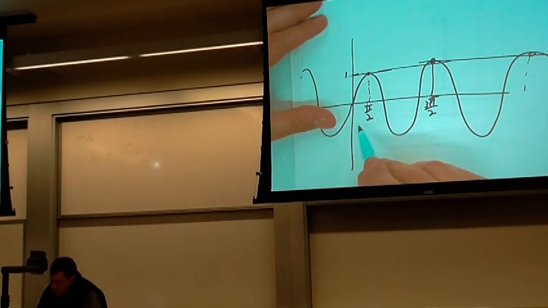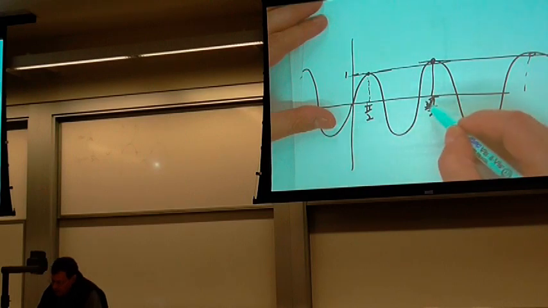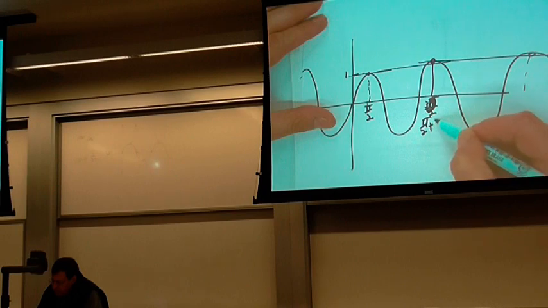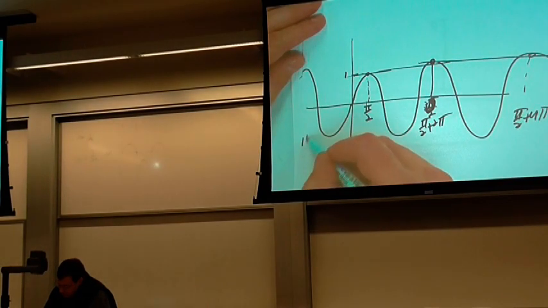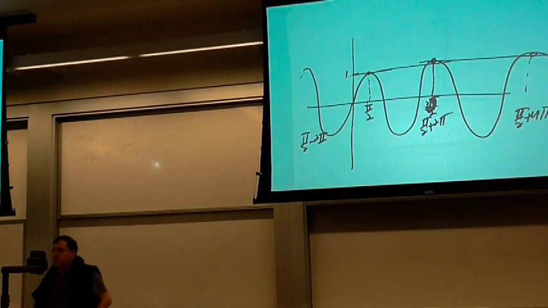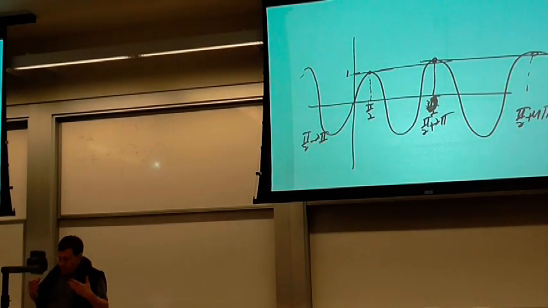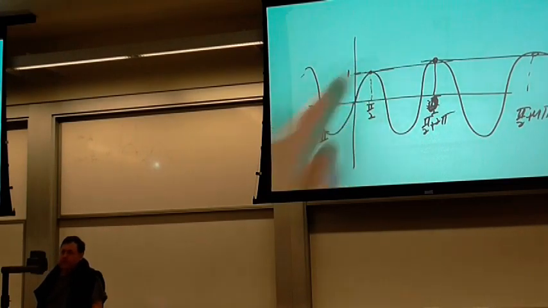No, these are going to differ by 2 pi. So pi over 2 plus 2 pi, and pi over 2 plus 4 pi, and pi over 2 minus 2 pi. Those are all numbers whose sine is going to be 1.